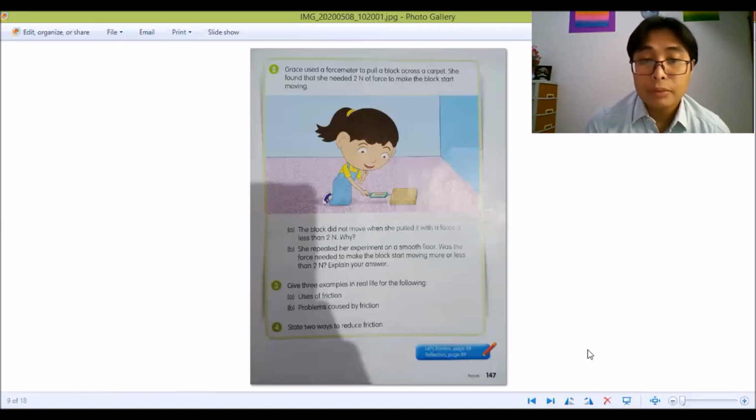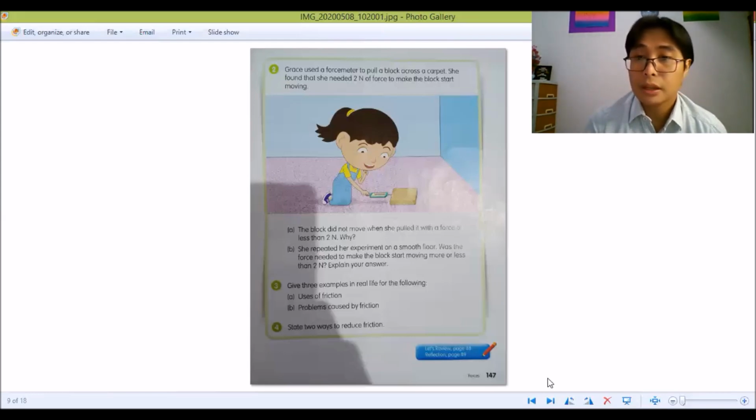So what are the problems caused by friction? Friction can cause wear and tear. So it can also damage things and it can slow things from moving when we don't want to move it in a slow manner.